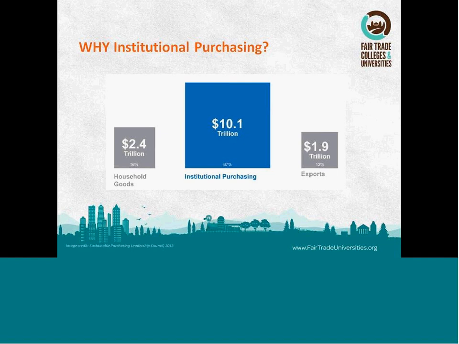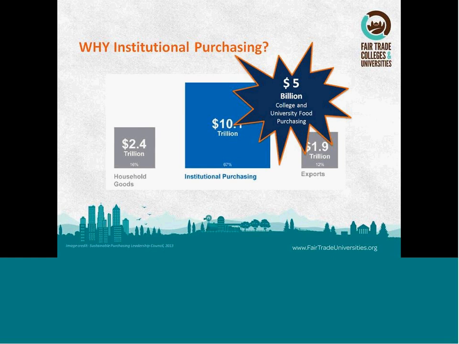This institutional purchasing includes services that are purchased by households, such as a college education, and it ends up comprising, as you can see here, over 2/3 of the $15.3 trillion that makes up the demand engine of our economy. So shifting institutional purchasing to fair trade can actually have a big impact on markets and really lead to support for fair trade producers.